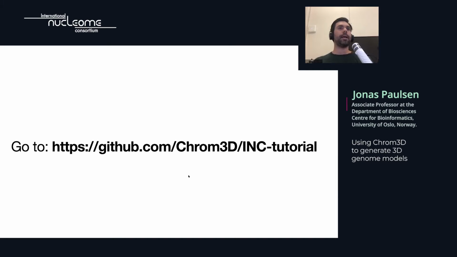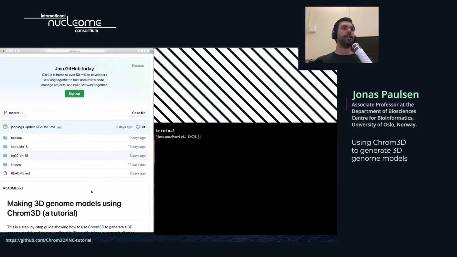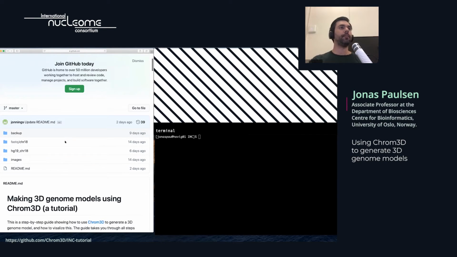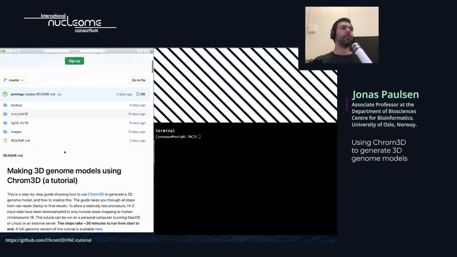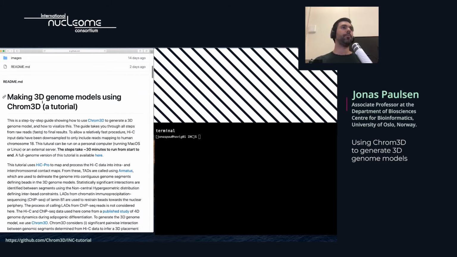So now I will ask everyone who wants to participate synchronously while I'm going through the steps to go into this GitHub page. Then it will look something like this here. You can read this. I'm not going to go through everything here.